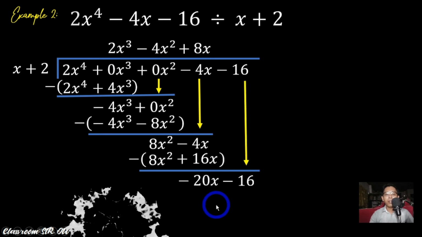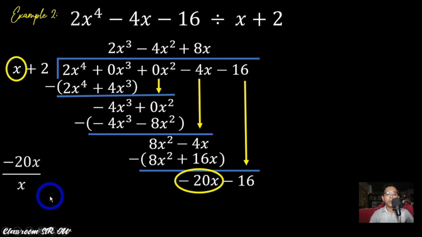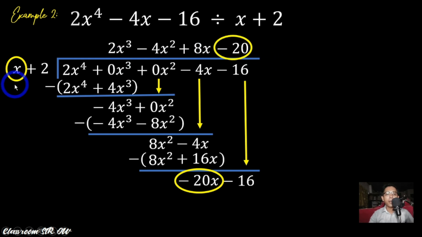And we will be going back to our first step again by dividing negative 20x by x. And of course, that is negative 20x over x is equal to negative 20. So our quotient here is negative 20. After that, we will multiply negative 20 again by x. So negative 20 times x is negative 20x.